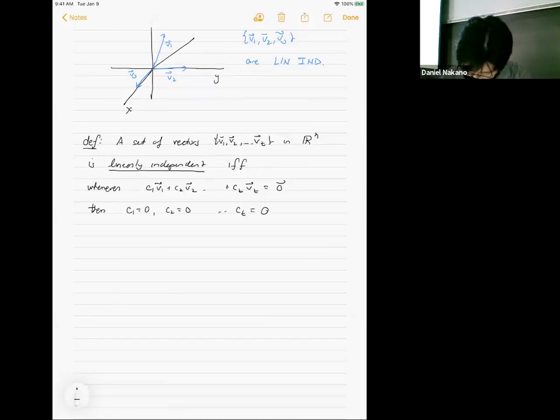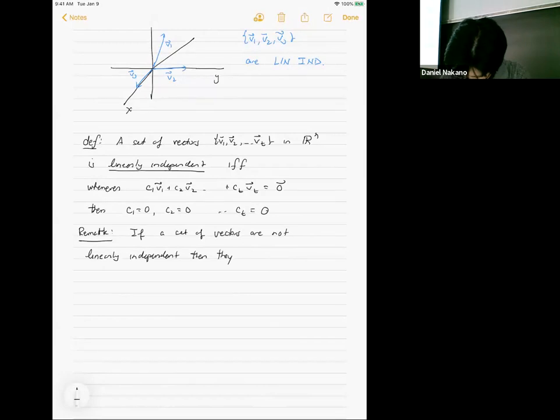So let me also make the following remark. So if a set of vectors are not linearly independent, then they are what's called linearly dependent.